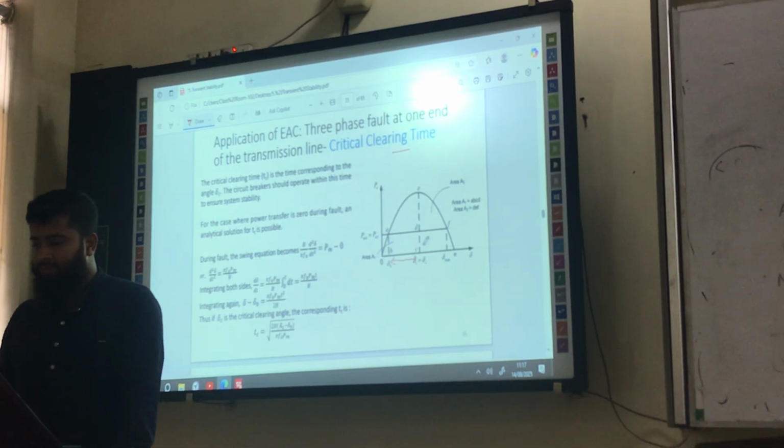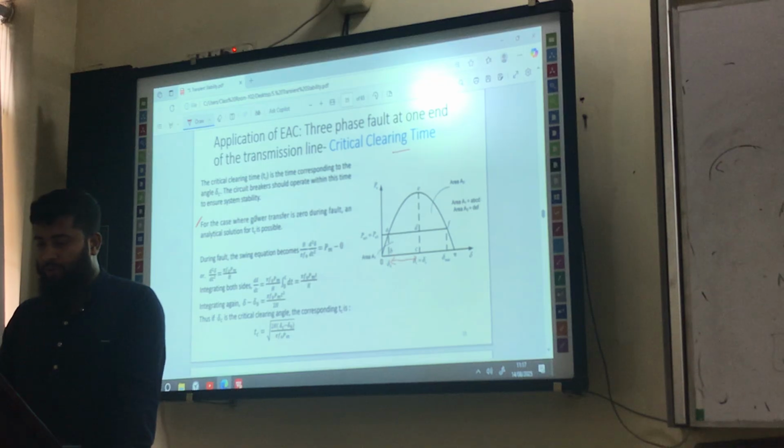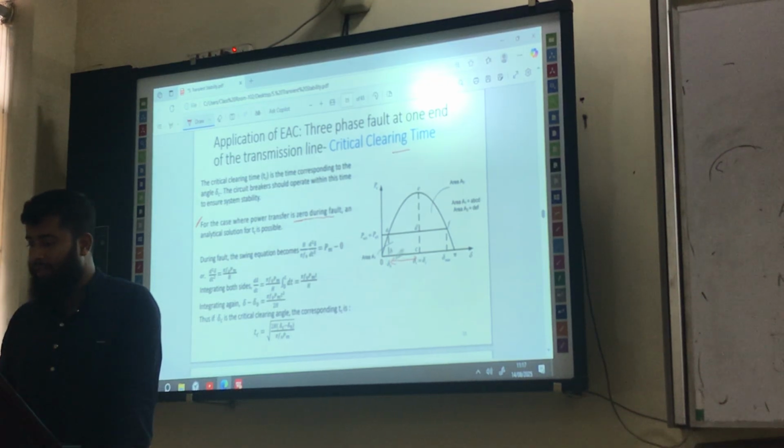We can calculate this critical clearing time only for the case where power transfer is zero during the fault. Here, during the fault, power transfer is zero. Only in this case is an analytical solution for TC possible. Whenever the power transmitted to the infinite bus is zero during the fault, only then can we solve TC analytically.